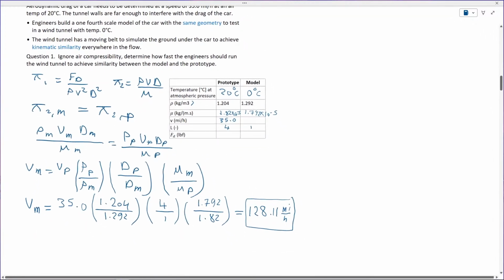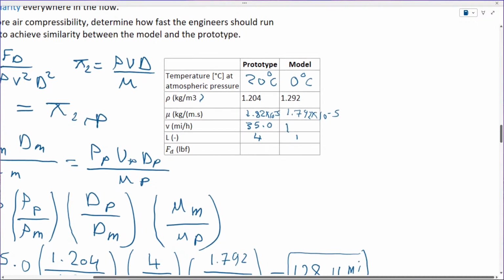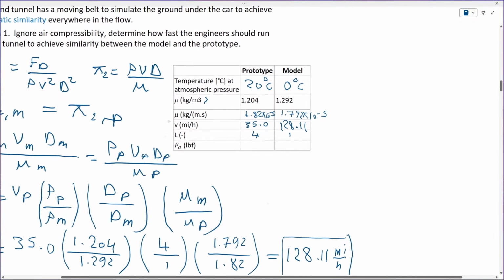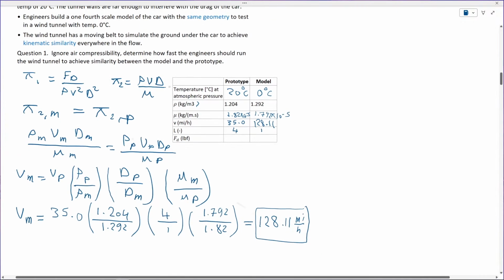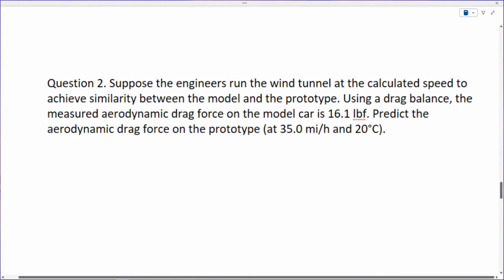We have 128.11 here. Now we achieved kinematic similarity and geometric similarity, and then we should have dynamic similarity.